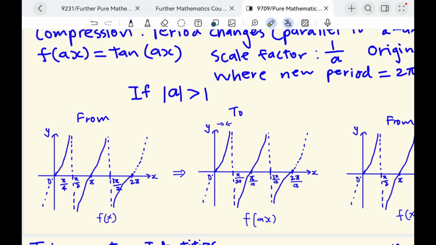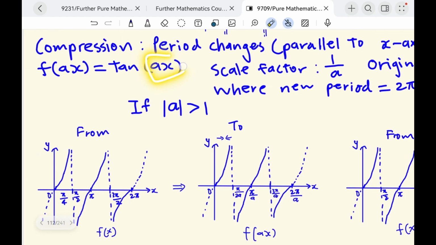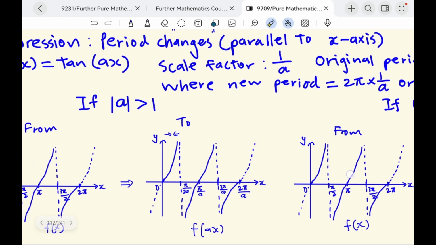Which means that your graph will compress like this, as long as the asymptotes will be influenced, because of the transformations, the stretching in the x direction.